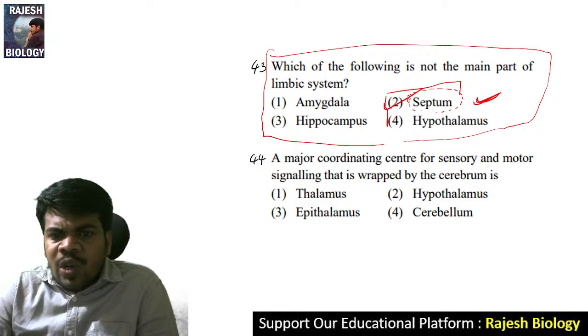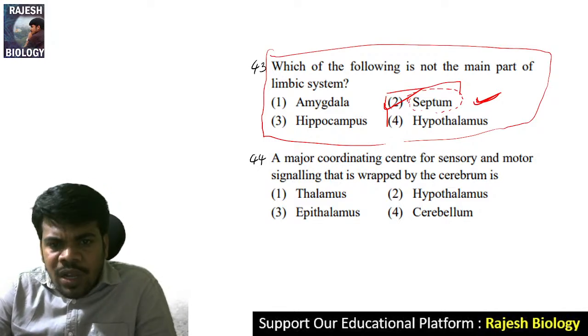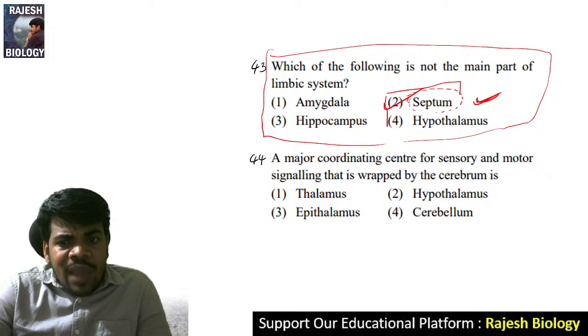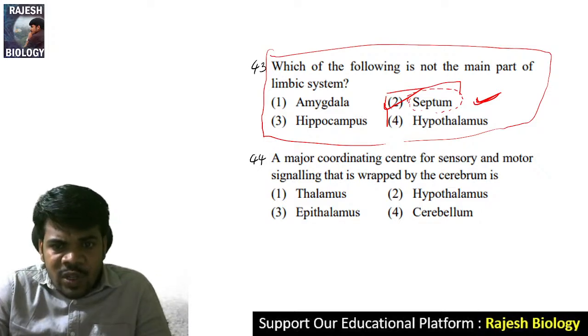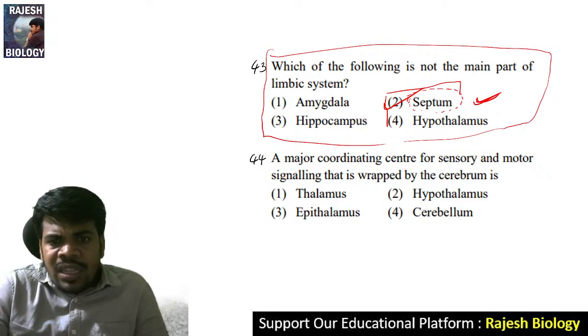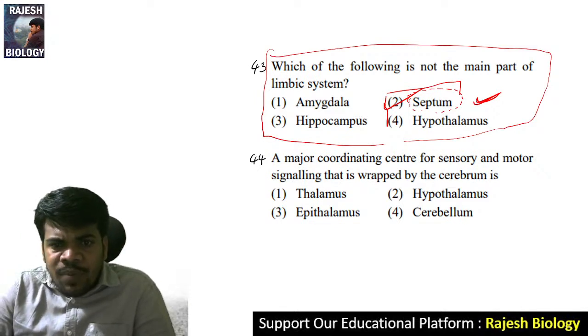And 44: a major coordinating center for sensory and motor signaling that is wrapped by the cerebrum is.